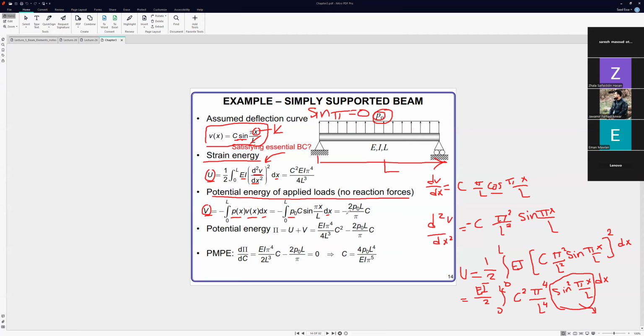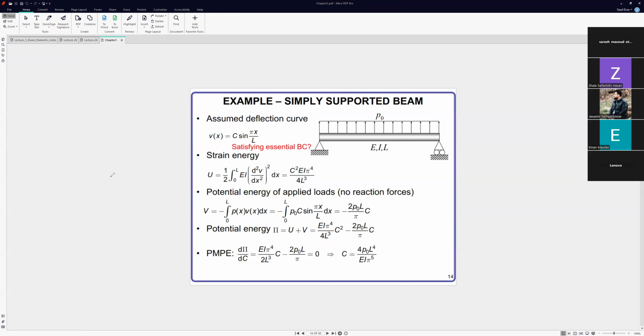After that, this is very important. Let me solve this one. How can we get it after making this substitution? It is equal to minus, what's the integration of sine? It's minus cosine.